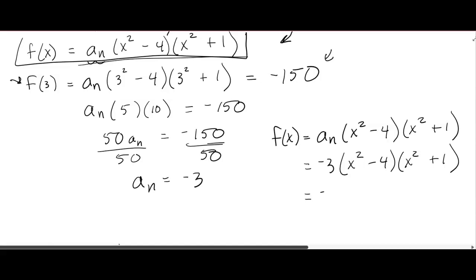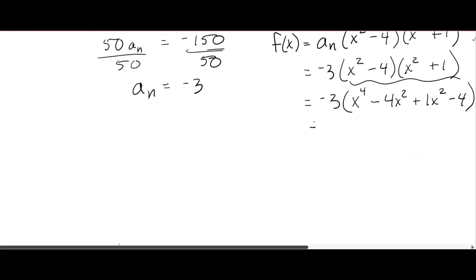So I'm going to multiply the binomials first. That's going to give me x to the 4th minus 4x squared plus 1x squared minus 4. Then if I simplify that, I have negative 3 times x to the 4th minus 3x squared minus 4.